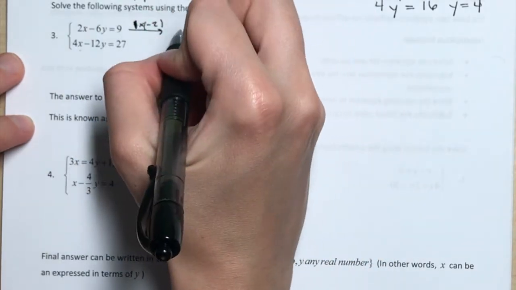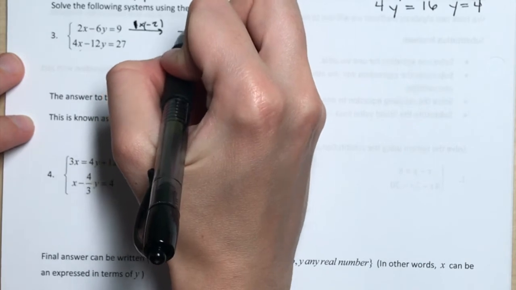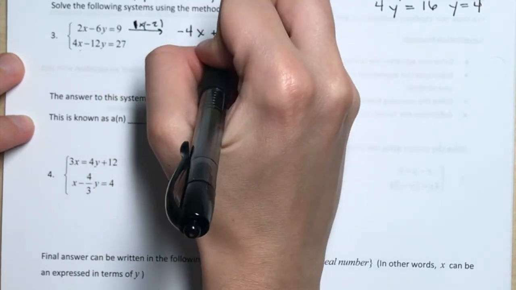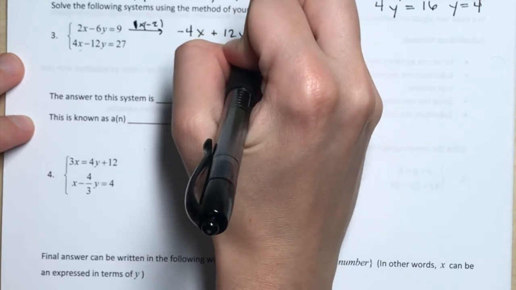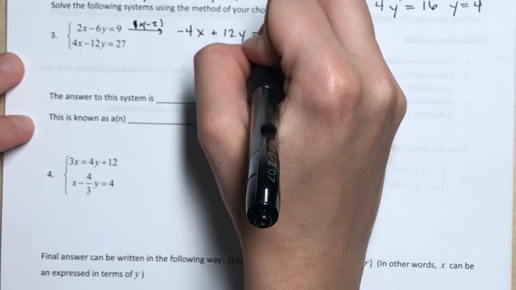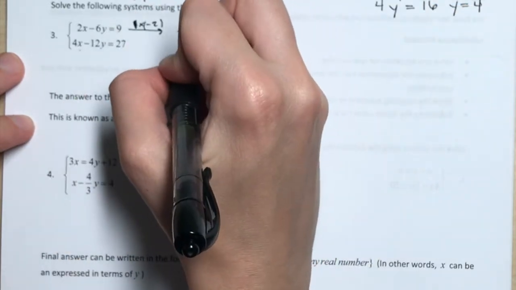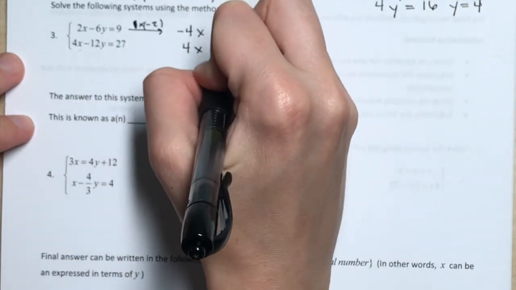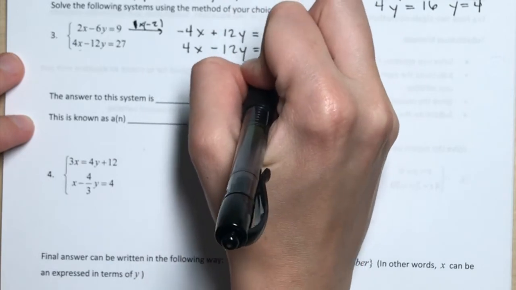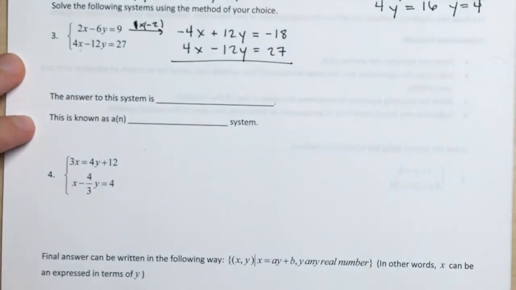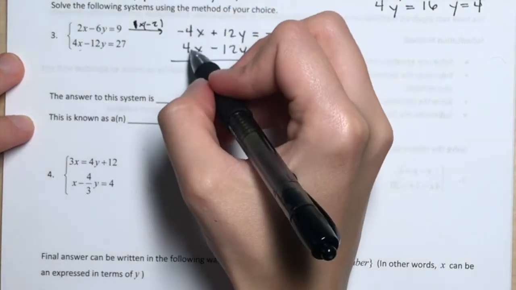times negative 2. So we have negative 4x plus 12y equals negative 18. We bring this one over. We've got 4x minus 12y equals 27. We add these up.